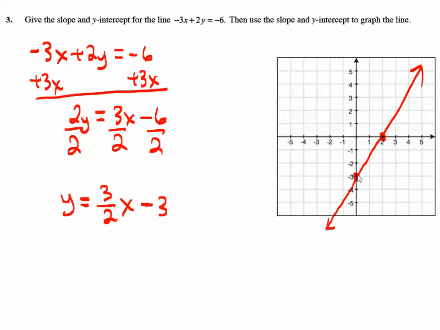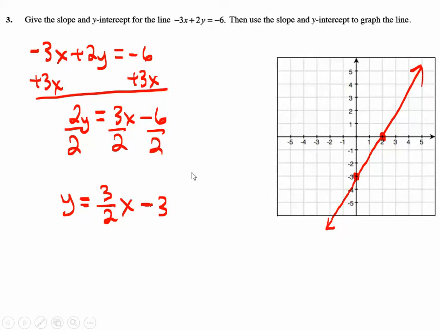A few things to note here. If we were doing it by intercepts, we would have got these 2 points just by doing it by intercepts as well. So there's really no difference there, which way you do it. In general, this is a very general statement: if you have x and y both on the same side, we normally do this by intercepts. So if we see x and y adding or subtracting to give you a constant, I would probably do this by intercepts.